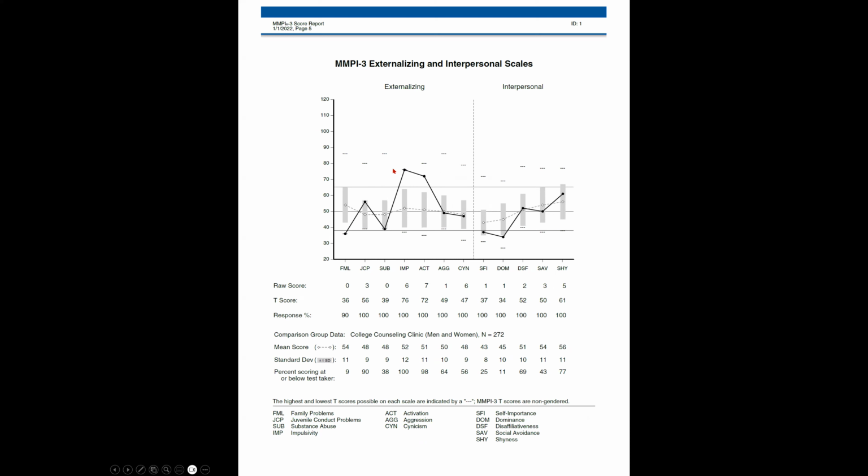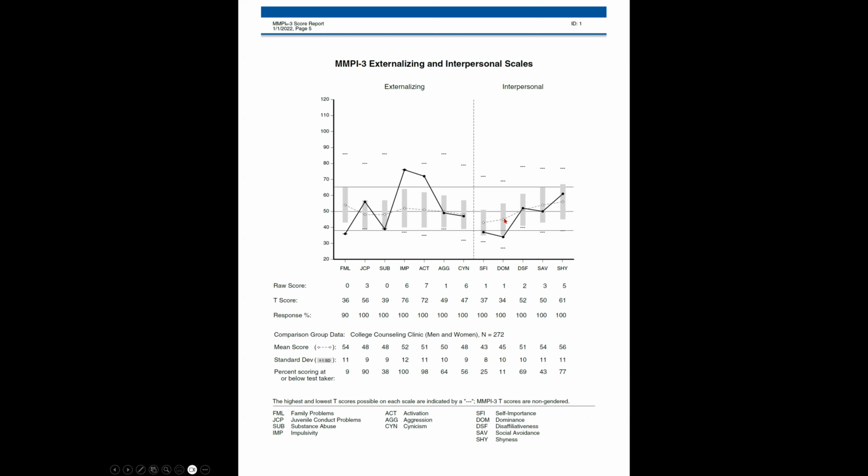We also see an elevation at the ceiling on the impulsivity scale, one of our new scales on the MMPI-3, and on the activation scale. Both of these are associated with RC9, and so we're seeing further evidence of potential difficulties related to overactivation, overstimulation. There was also an elevation on cognitive complaints. We might also consider possible features of ADHD in a protocol that has these scores, but it seems to go beyond that with the elevation that we saw on RC9.